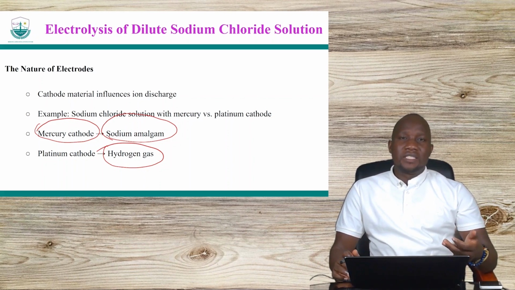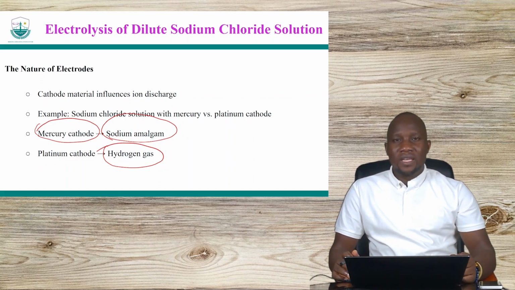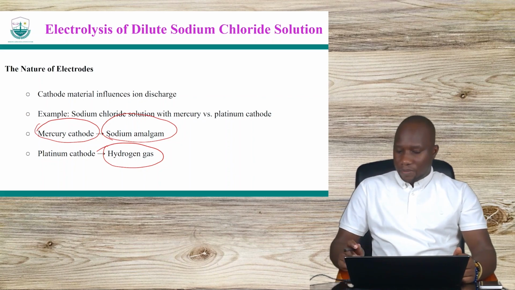That means the ions that are present in the electrolyte and the position of these ions in the electrochemical series, but also on the nature of the electrode that we have. For example, in the electrolysis of dilute sodium chloride, if you use mercury as the cathode, then you're going to have sodium amalgam there. But if you use platinum as the cathode, then you're going to have hydrogen gas as the product at that point.